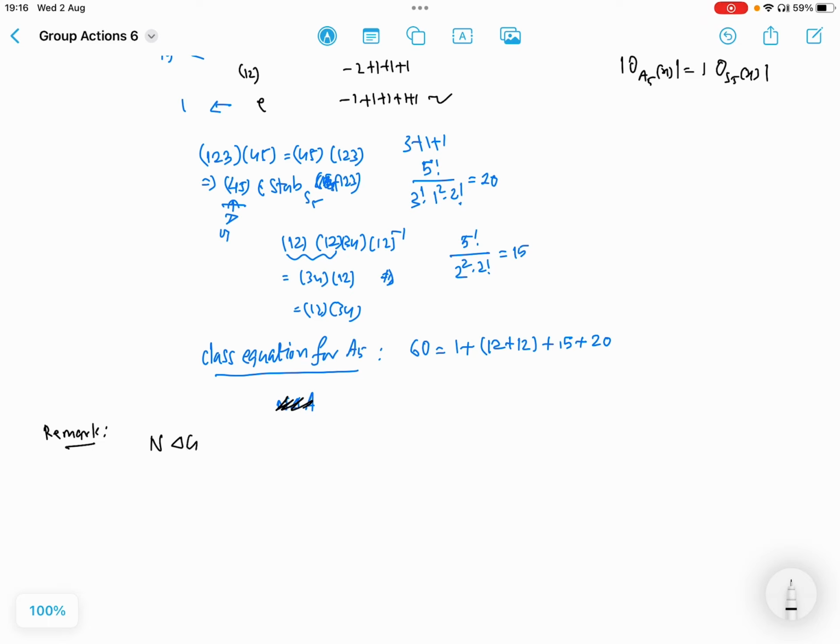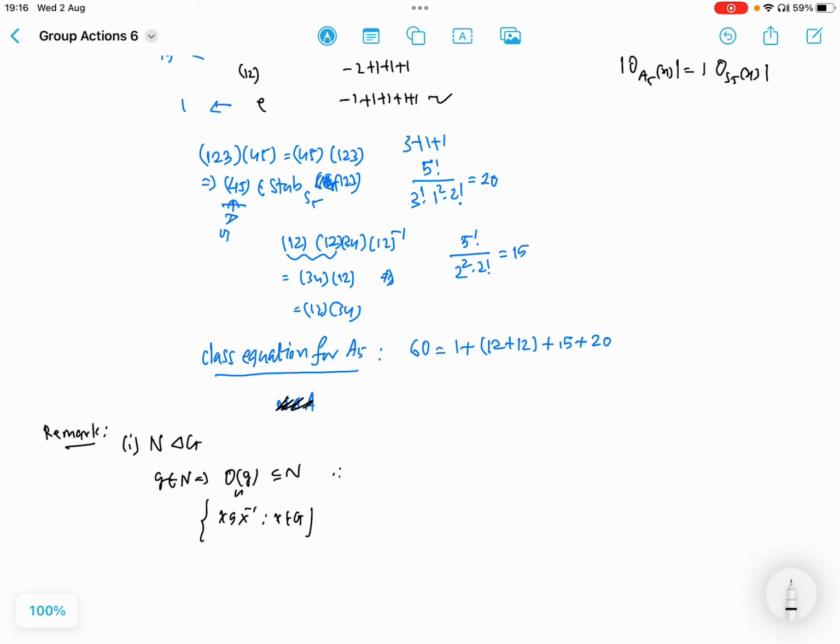So suppose N is a normal subgroup. Then given any g inside N, the entire orbit of g, in the group action sense, because here the action is by conjugation, is inside N again, right? Because N is normal.